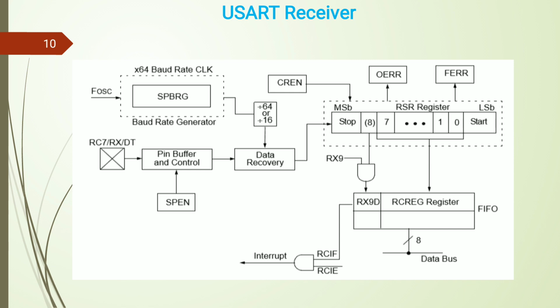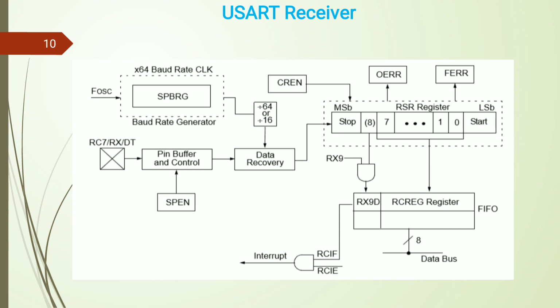So OERR is nothing but the overrun error, and in case of overrun error, while the first frame of data is received, and before shifting those contents from the RSR register to the RCREG register, the second data frame is received completely.